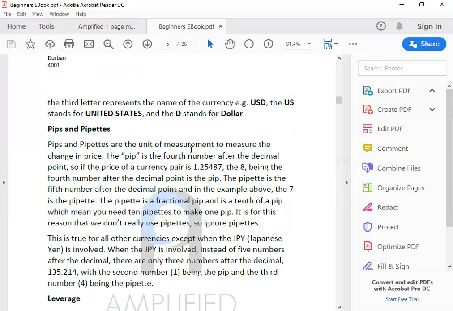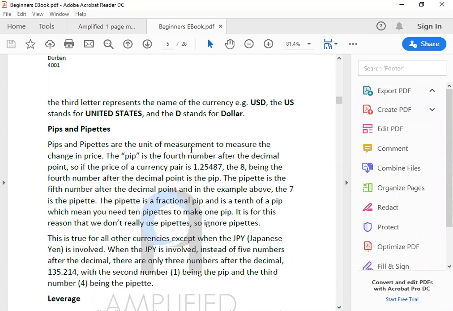Now, when it comes to the markets, we've been talking about buying when it goes up or shorting when it goes down. But we have to understand that at the end of the day, we need to have some way of measuring the amount of money we actually make.